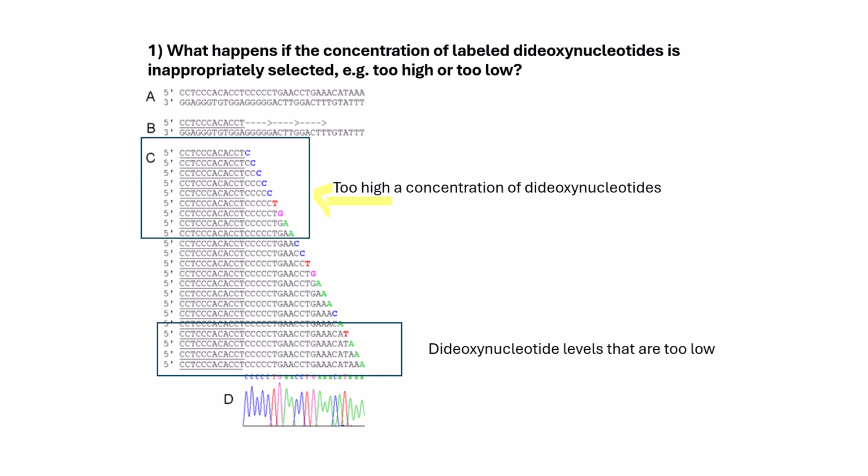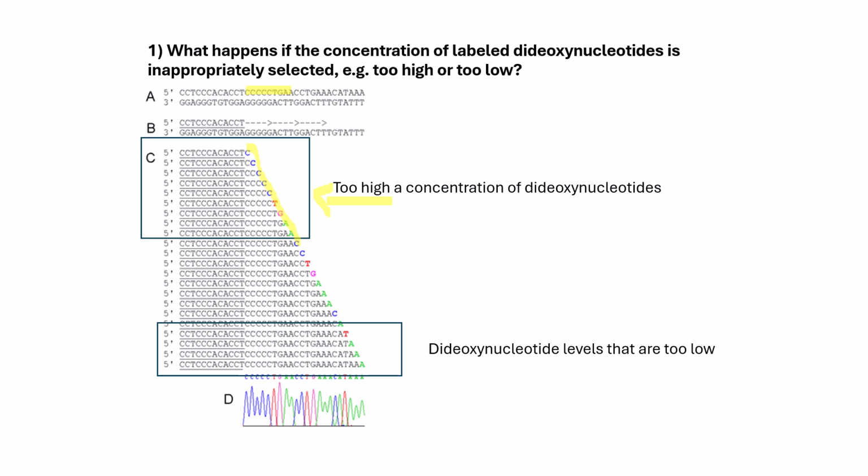As a consequence, we can finally read only the beginning of the template, because we can only read this part of our DNA dedicated to be sequenced.